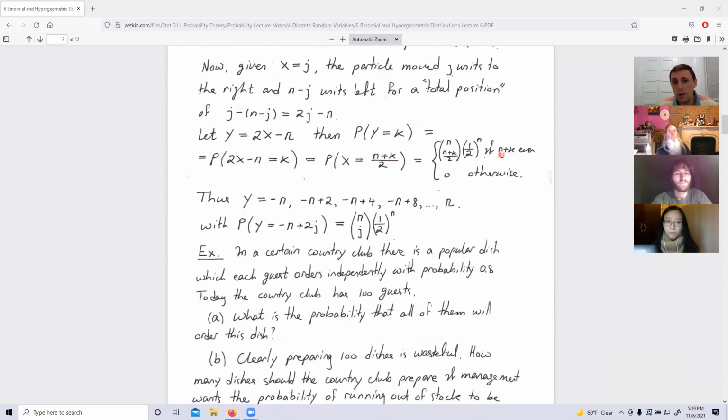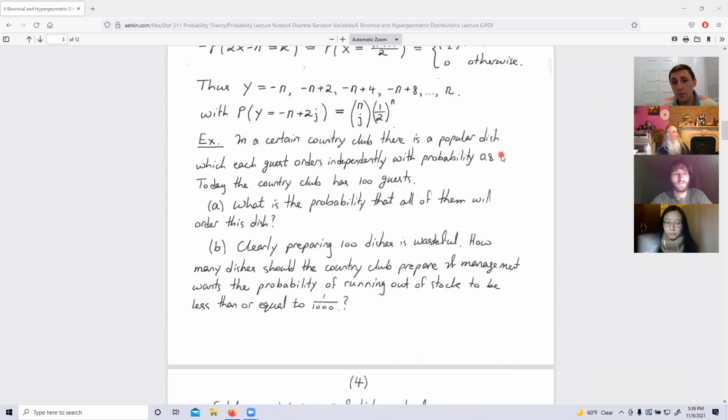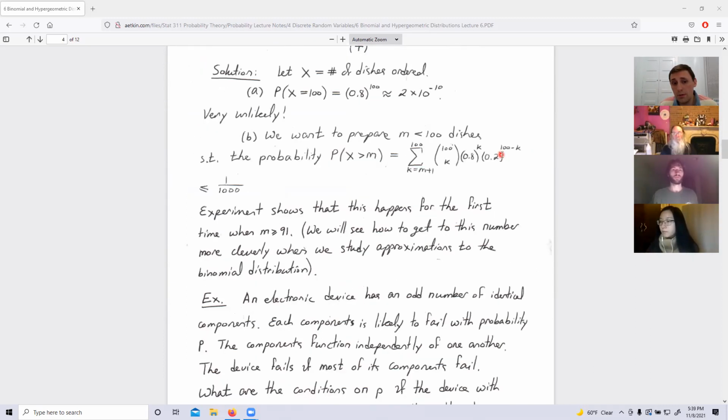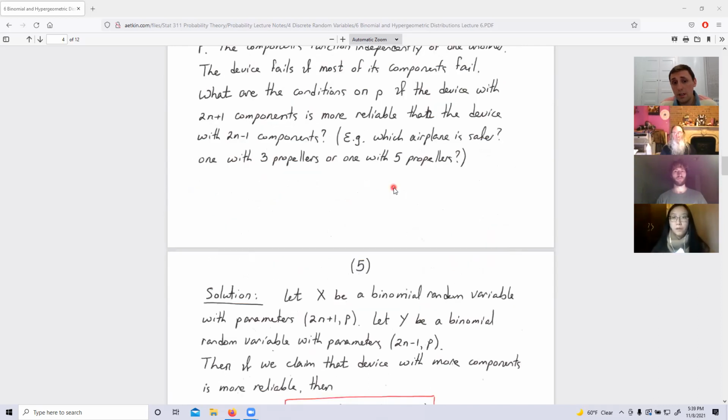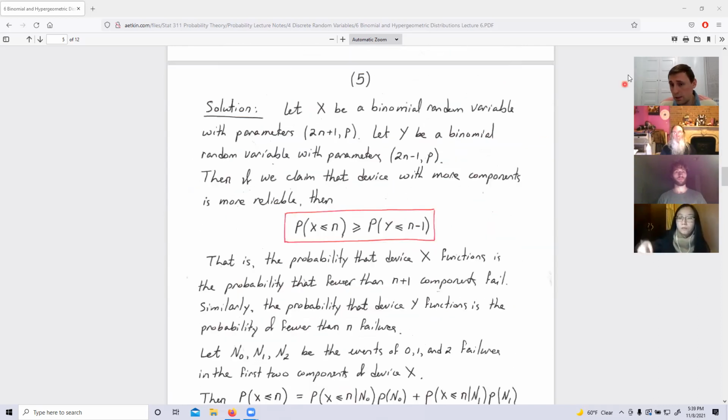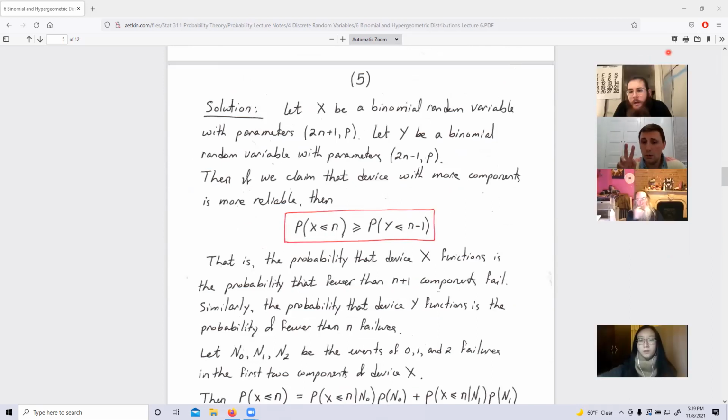Some of them were easy. One of them was a bit more complicated. Actually, 2 of them were a bit more complicated, especially the very last question with which we finished. And about the electronic device, you remember that, right? So we wanted to figure out when it is worth introducing more components rather than fewer components.